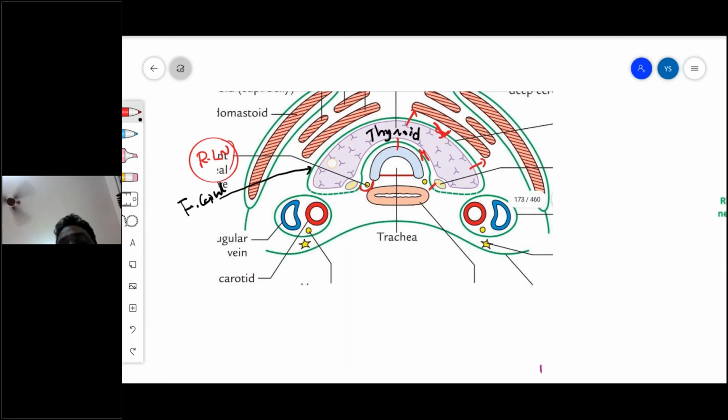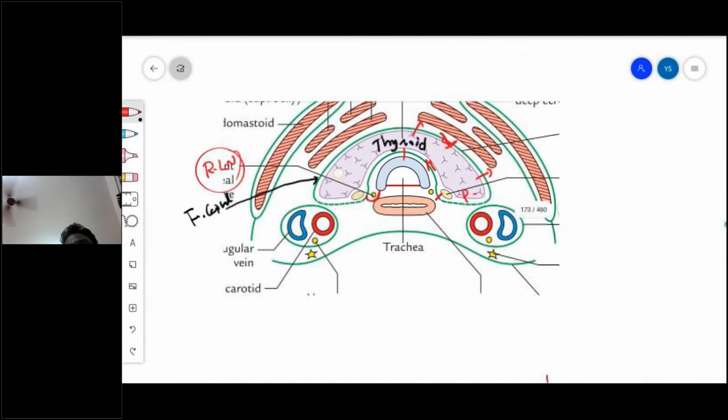Obviously towards the carotid sheath, this one is the posterior surface. So in this picture, for one lobe of the thyroid gland, I have shown three surfaces: lateral surface L, posterior surface P, and medial surface M. Now we come to the relations of the surfaces.